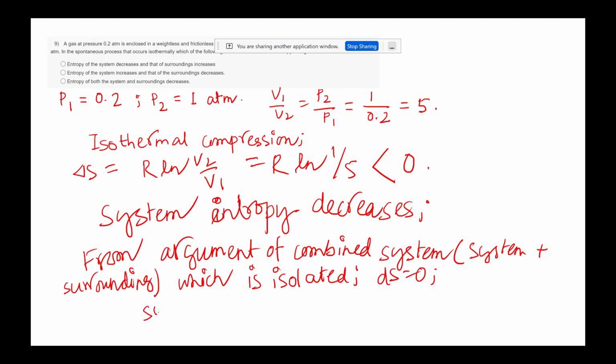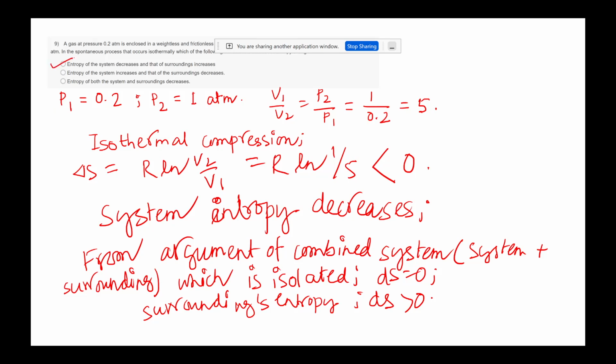So the surrounding entropy must increase to balance that. So we can say that the entropy of the system decreases and that of the surrounding increases.